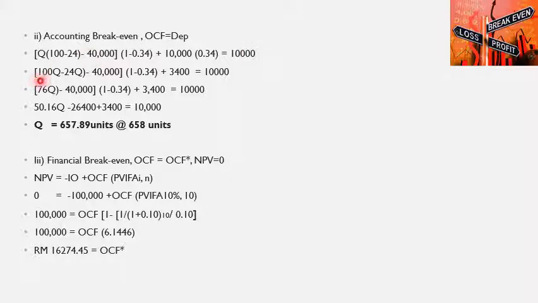You just focus on the first bracket: 76Q minus 40,000 times (1 minus 0.34) plus 3,400 equals 10,000. Then we get 50.16Q minus 26,400 plus 3,400 equals 10,000, and the final answer for Q is 657.89 units, which is 658 units for accounting break-even.